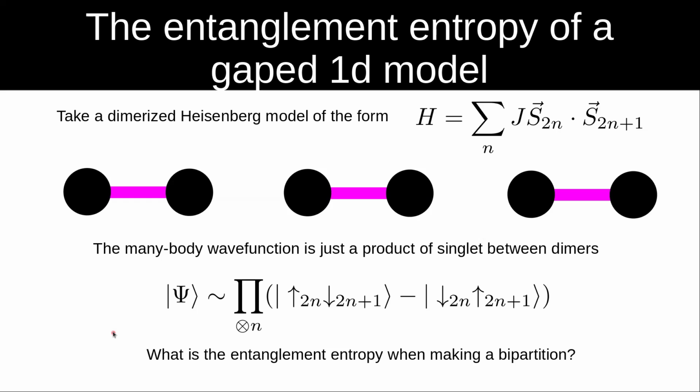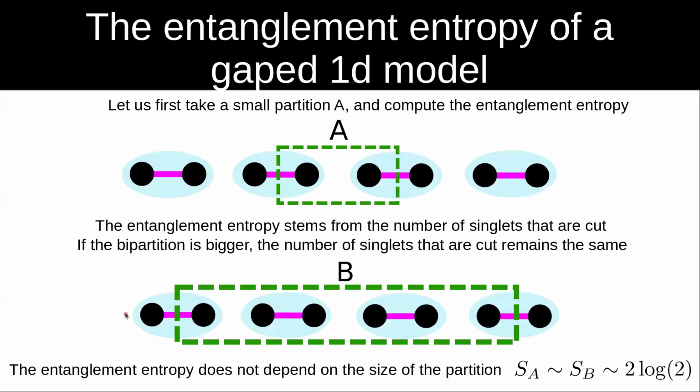You can think that all the arguments about entanglement entropy can use this Hamiltonian as a model Hamiltonian in order to predict how it looks. So now the question for us is, what is the entanglement entropy of this Hamiltonian? When you compute the entanglement entropy, you always need to decide the size of your subsystem.